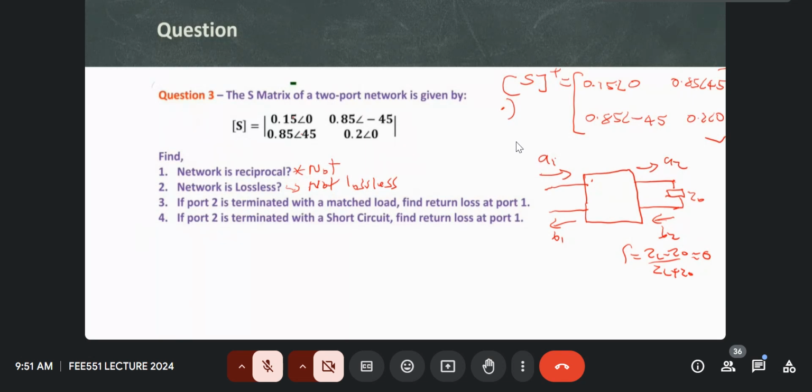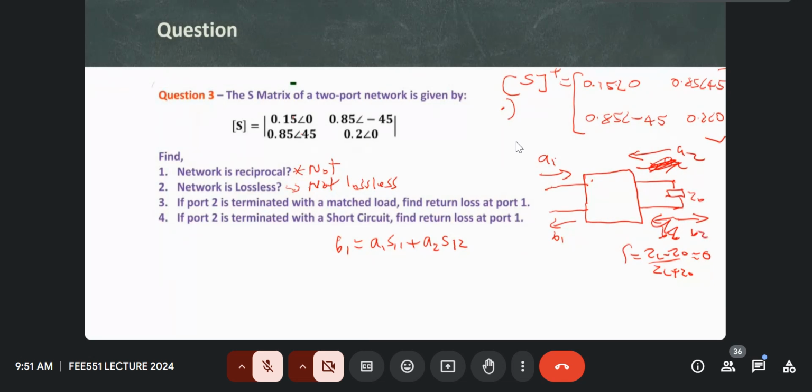And when you have B2 equal to 0, I hope you remember the equations we wrote. We had B1 is equal to A1 S11 plus A2 S12. A2 should be entering here, and B2 is the one leaving.